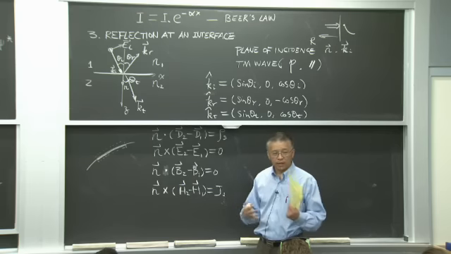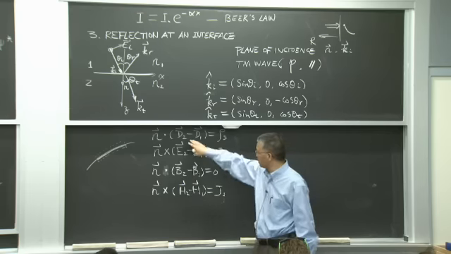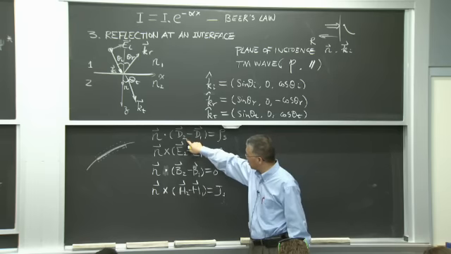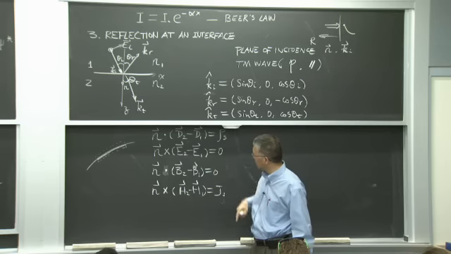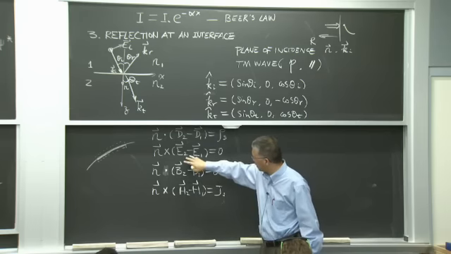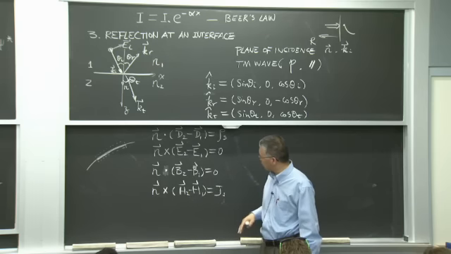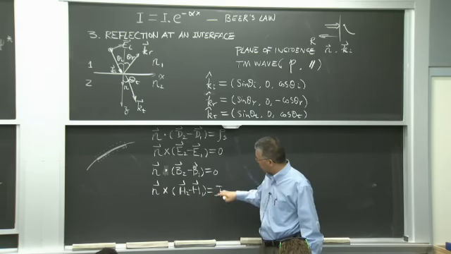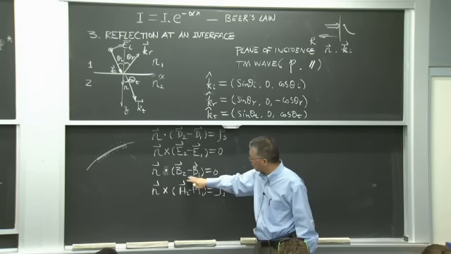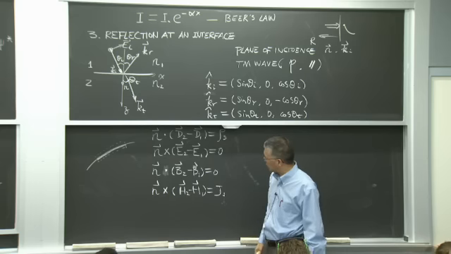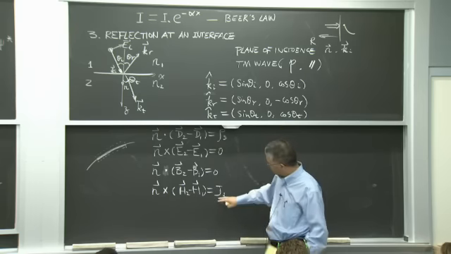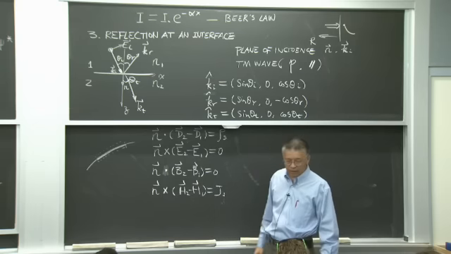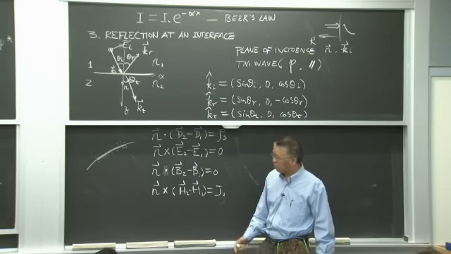So basically, D has to be epsilon 2 E2 and epsilon 1 E1. The tangential component of the electric field is continuous, and for the magnetic field, the perpendicular component is continuous, and the tangential component is the difference of the surface current.